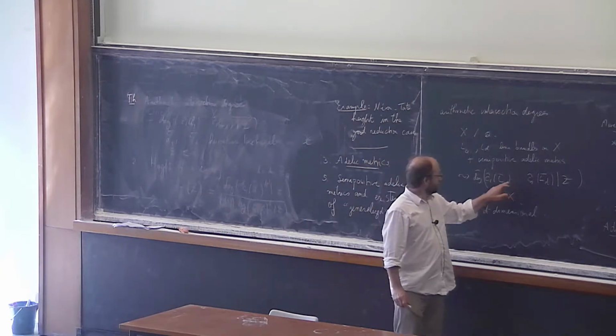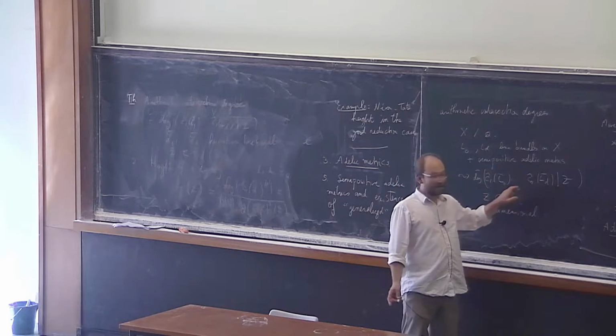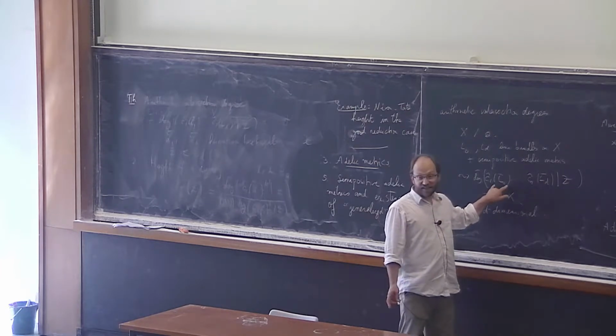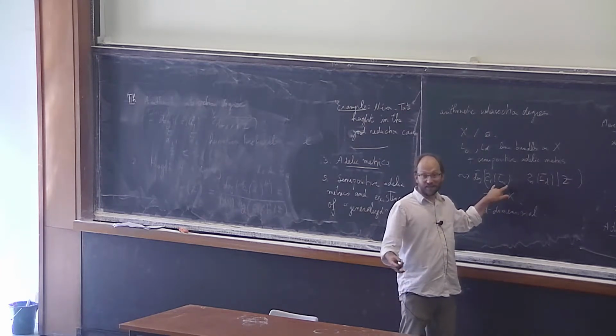And so now, when I apply this, what does this theorem give? The line bundles L_1, ..., L_d bar are fixed, but here I take the trivial line bundle with some metric.